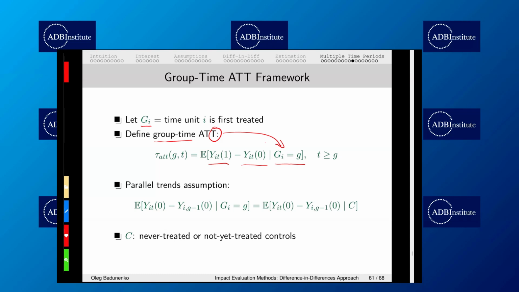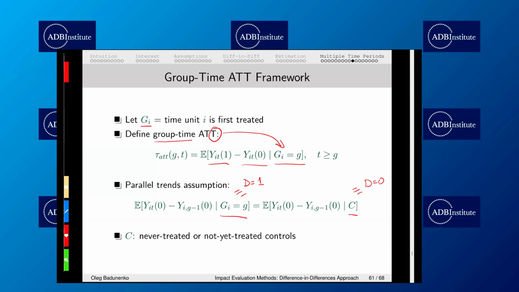Now, the parallel trend assumption here in this group-time framework is again the equivalent. So we can think about this as D equals 1 in our previous setup, right? And here the C never treated is an equivalent of the setup that D is equal to 0, right?